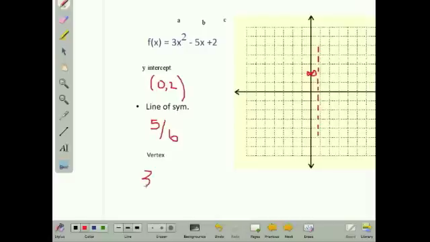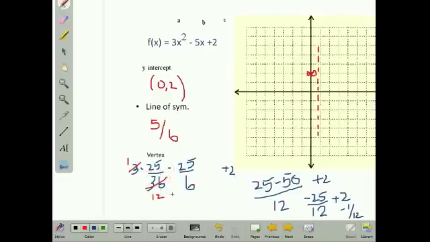So 3 times 5/6 squared, minus 5 times 5/6, plus 2.